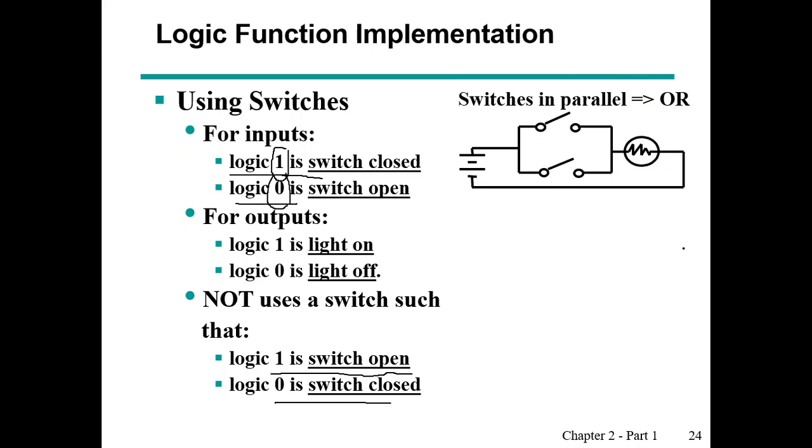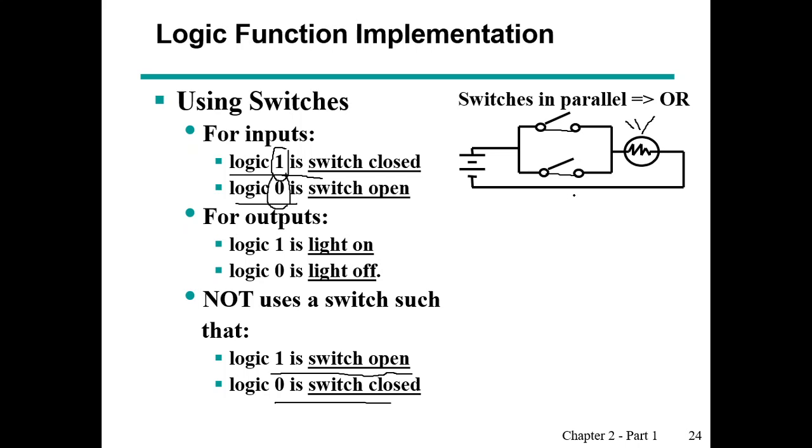So I guess you know these circuits. This is a simple electric circuit. This is a voltage source, and these are two parallel paths, and this is a light. So this light bulb will turn on if either of these switches is on. If we turn on this switch or close this switch, the light bulb will be on. If we turn on this switch, the light bulb will be on.